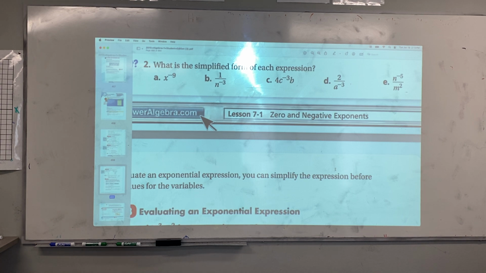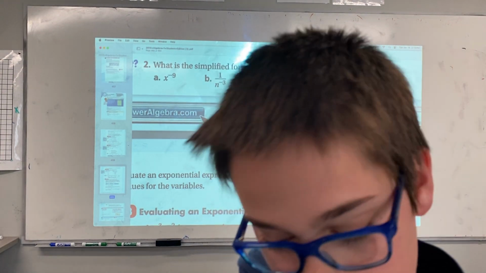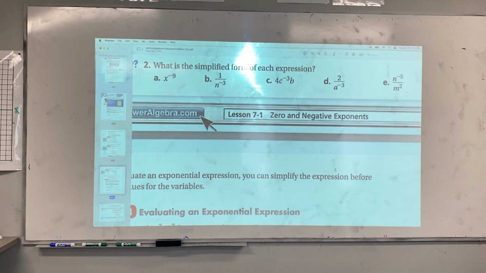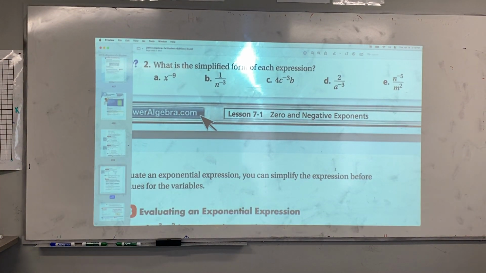Yeah, well, the exponent would stay here with you. Please make your answers very neat if you want me to come check them for candy.